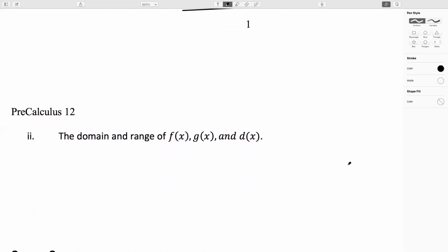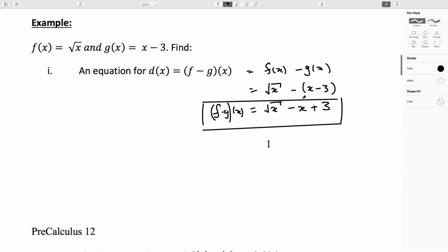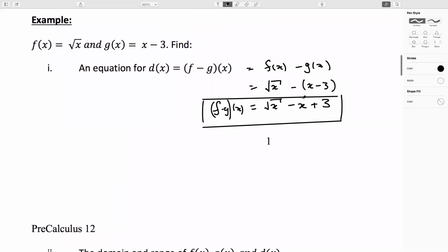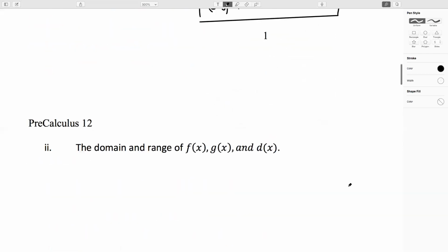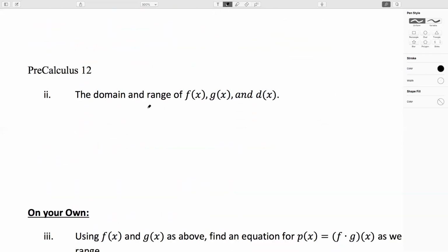Now let's take a minute and think about the domains and ranges of all three of these functions. I'm going to split this into 3, one for each function. f of x equals root x.